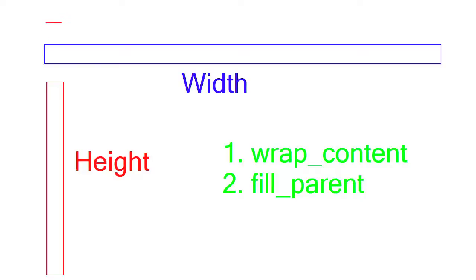So if you have a bunch of text here that looks like this, and it only takes up that amount of space, and that's a text view, that text view is only going to take up that amount of space right there. If you have something else, such as fill parent, you may have a text box that is this big, but you may only have 2-3 words inside of there, but it's still going to take up the entire width of the screen. So if this is your phone screen right here, it would take up the entire screen.